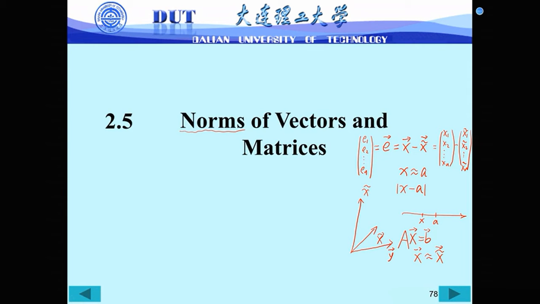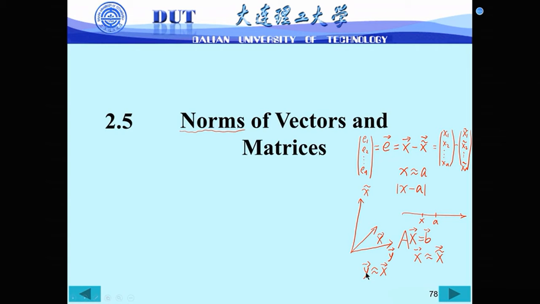So how to compare? We can also use the vector y to approximate the vector x. Which one is better, x tilde or y? Of course, we can also consider the difference between x and y.